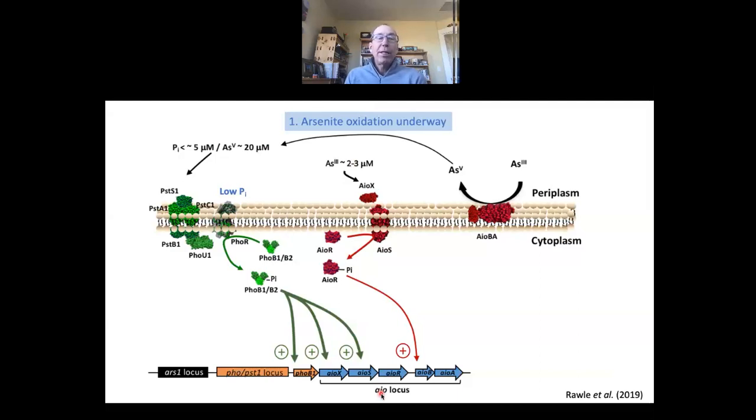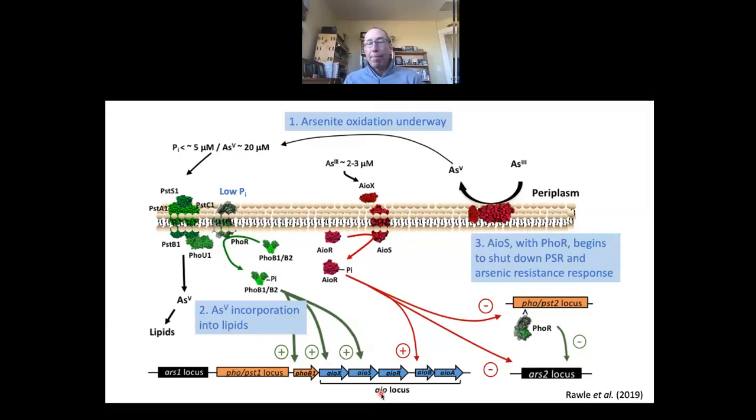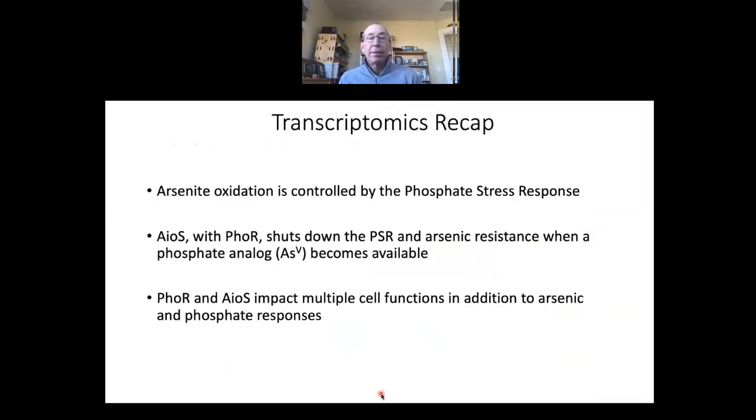That arsenate, under low phosphate conditions, is going to be brought into the cell through the phosphate transporters and accumulated into lipids. There are also interactions between these arsenate signaling pathways and the phosphate stress response and other loci in the cell.